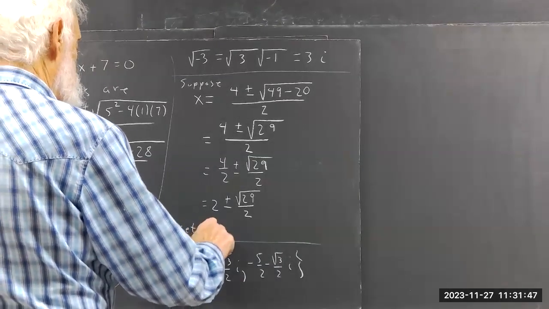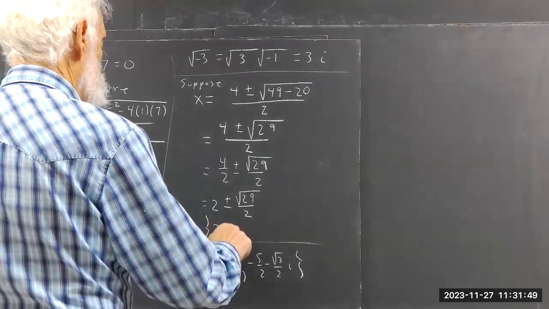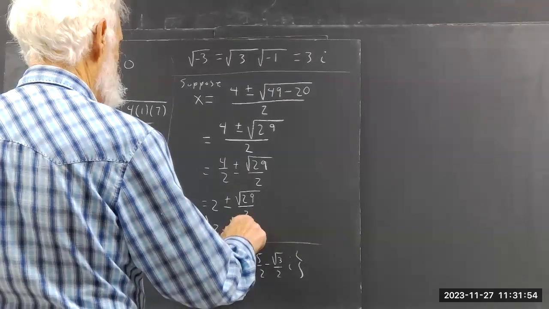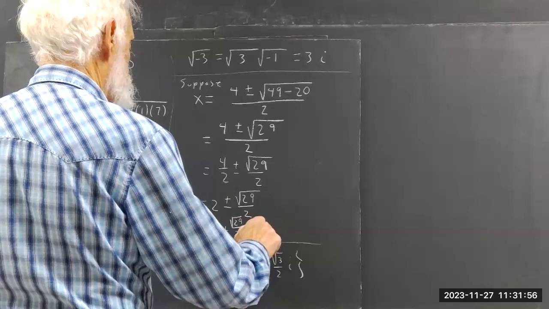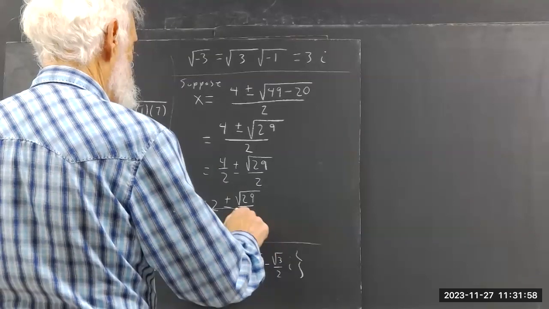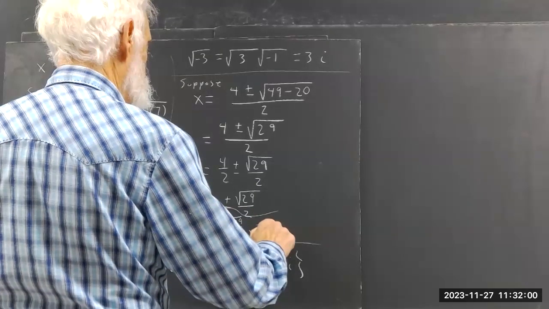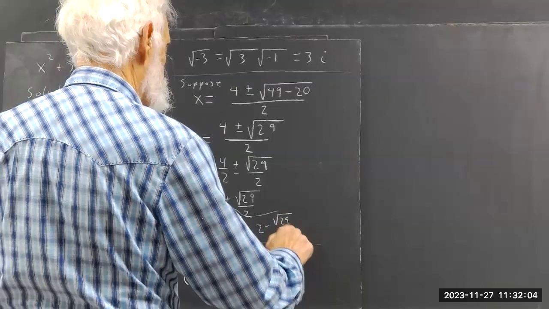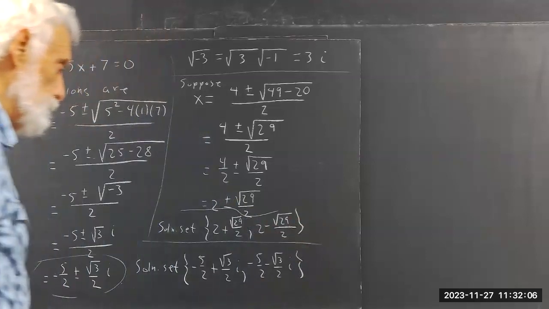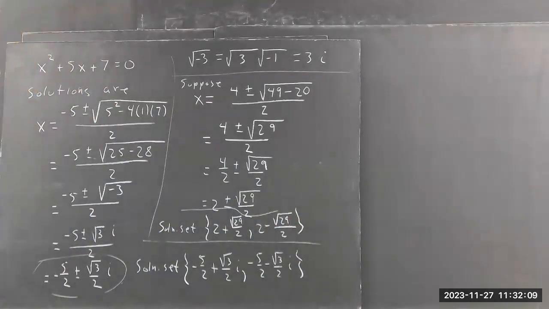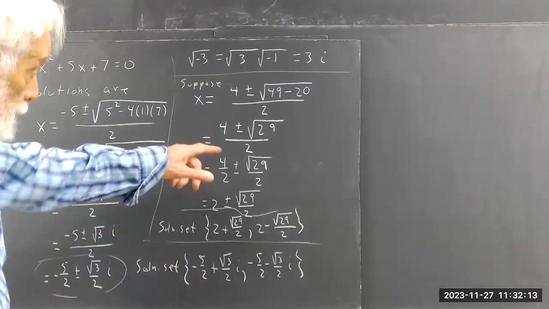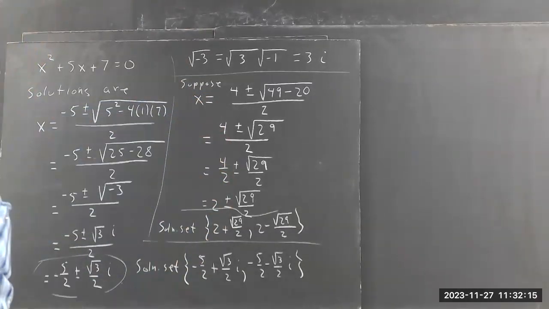Your solution set is 2 plus the square root of 29 over 2, minus square root of 29 over 2. So that's how we would simplify this expression.